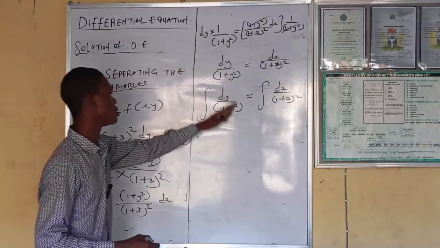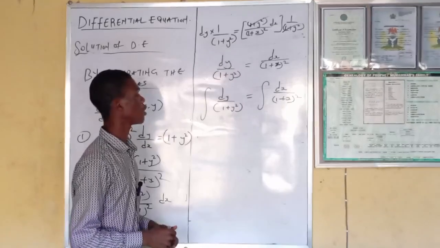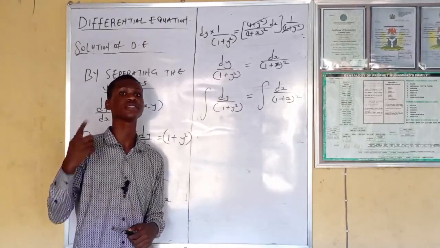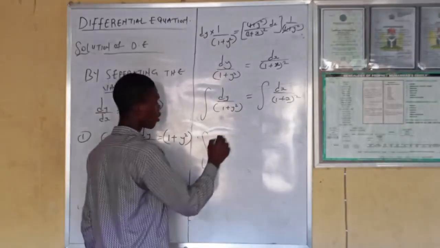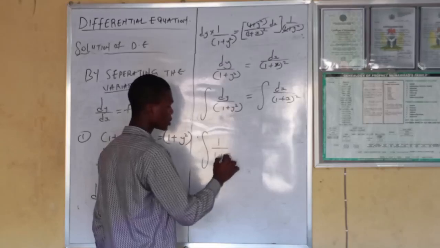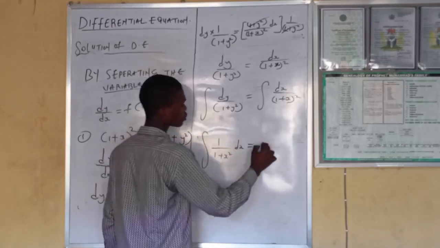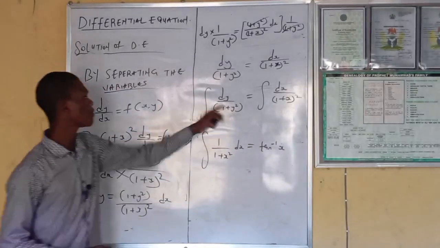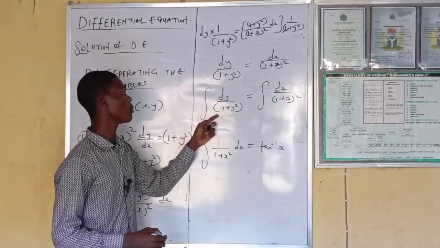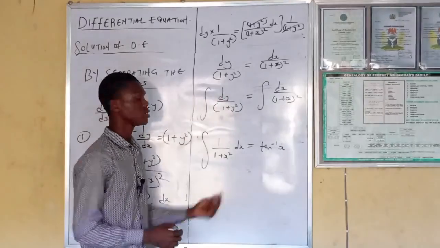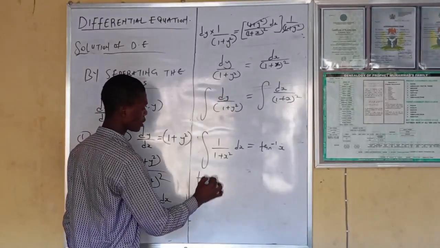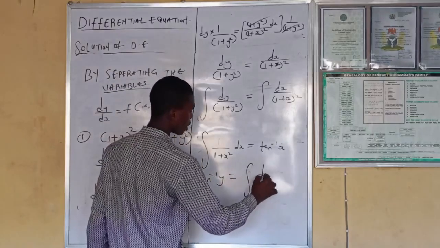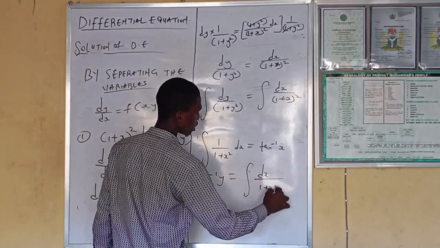From here, when you integrate this, you have tan inverse of y. Recall, from standard integral, the integral of 1 divided by 1 plus x squared dx is equal to tan inverse of x. So when you have integral dy divided by 1 plus y squared, applying this, you have tan inverse of y equals integral dx over 1 plus x squared.